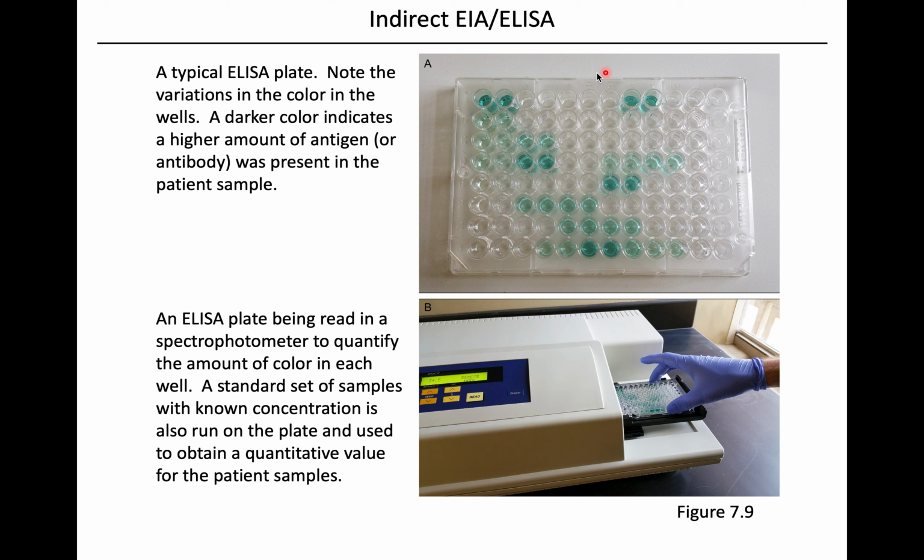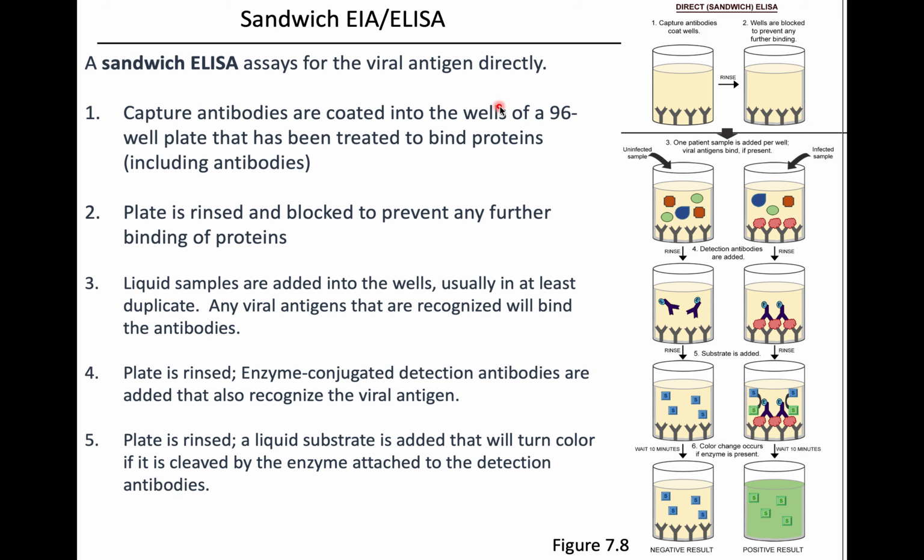So a little dish like this where you have these tiny little wells, right? That's what you're seeing here. This would be individual wells on that plate. In the sandwich ELISA, we've coated the bottom of the wells, the plastic at the bottom of those dishes, with antibodies that have been designed to recognize and bind to a specific viral antigen.